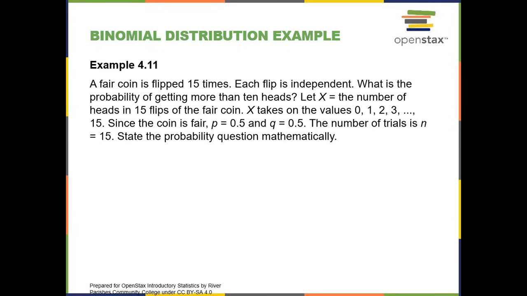More than 10 heads. So 1 minus; from the sum of the probabilities, I will subtract the probability of the complement event, which is from 0 to 10. When you are adding from 0 to 10, you are going to use CDF. So 1 minus, then the second button, then the vars button in the third row, and you scroll down to binomcdf. You use binomcdf when you are adding, in this case, from 0 to 10.